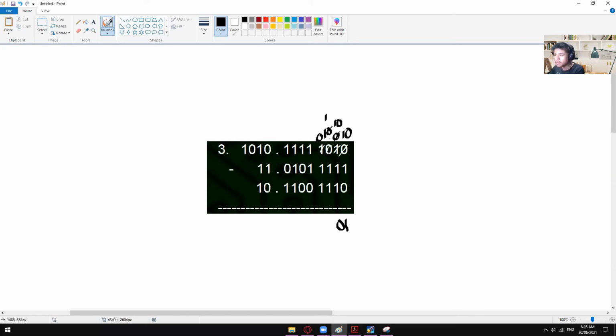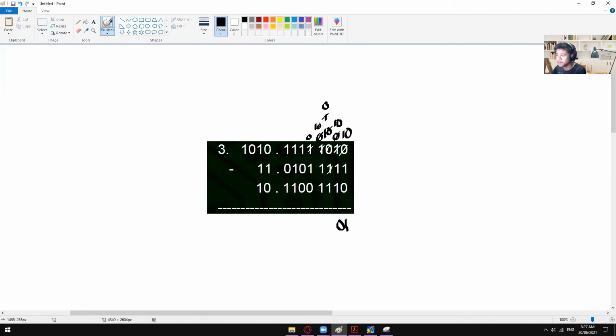All right, so let's now move on to the next one. So 1 minus 1 is 0. Let me just cancel this one now. So we now have 0 right here. And 0 minus 1 cannot be, so we have to borrow to your neighbor. But that neighbor of yours doesn't have anything. So this one has to borrow first to his neighbor. So this 1 will become 0, and then 0 will become 10.